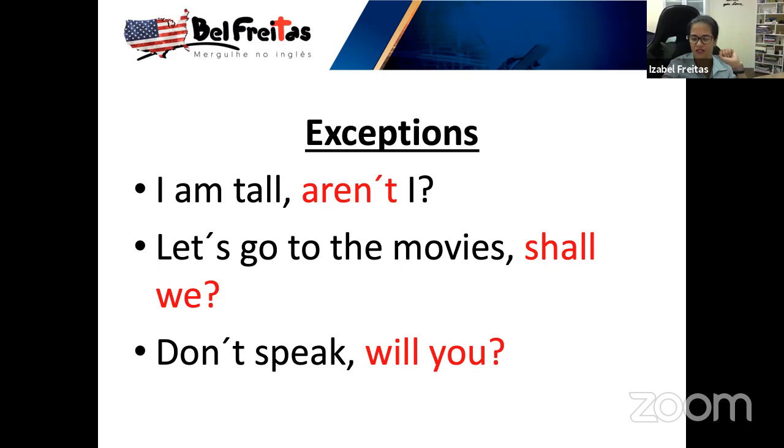Very good. Now let's have a look at exceptions. I'm tall, aren't I? When we use I am in the first part, the second part is negative. But it's impossible to say am with not, so we use aren't. This is the only exception for verb to be.